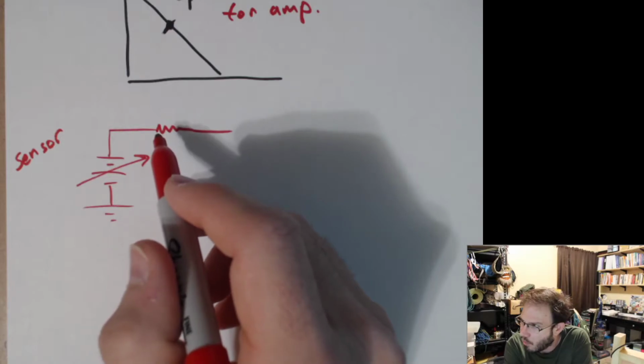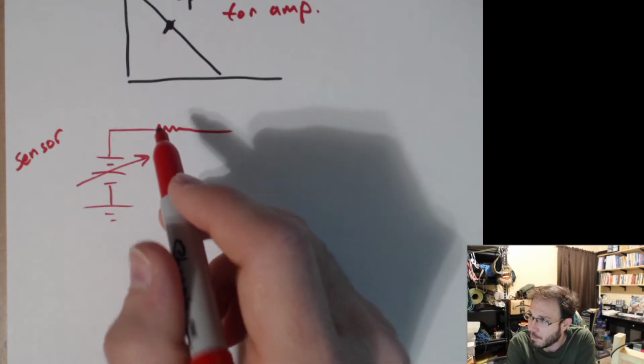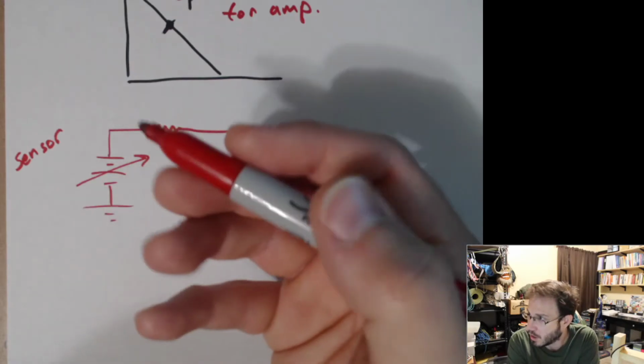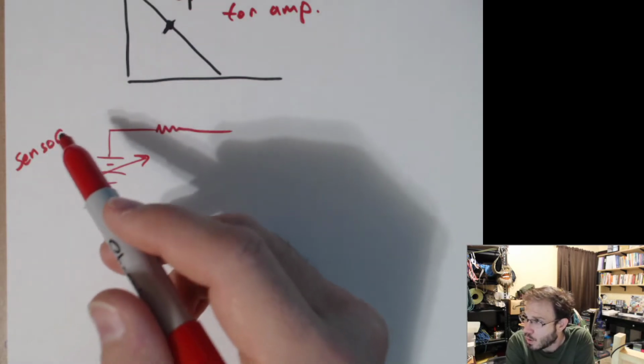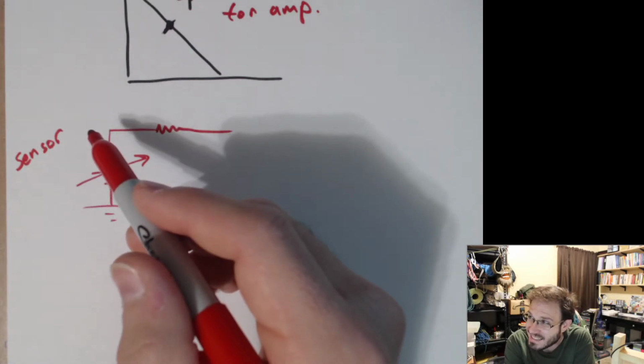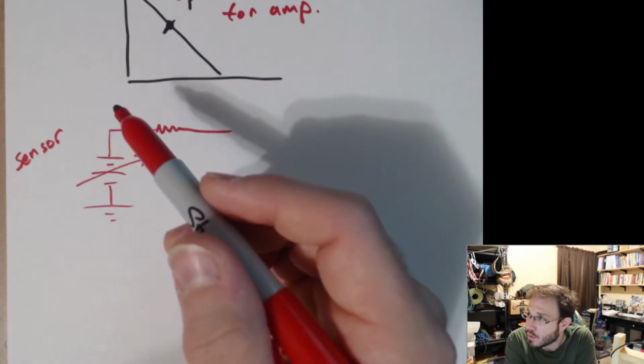When we talked about, in 211, the maximum power transfer, you learned that there was an internal resistance to your battery. Well, that exists for any voltage source, and sensors are no different.